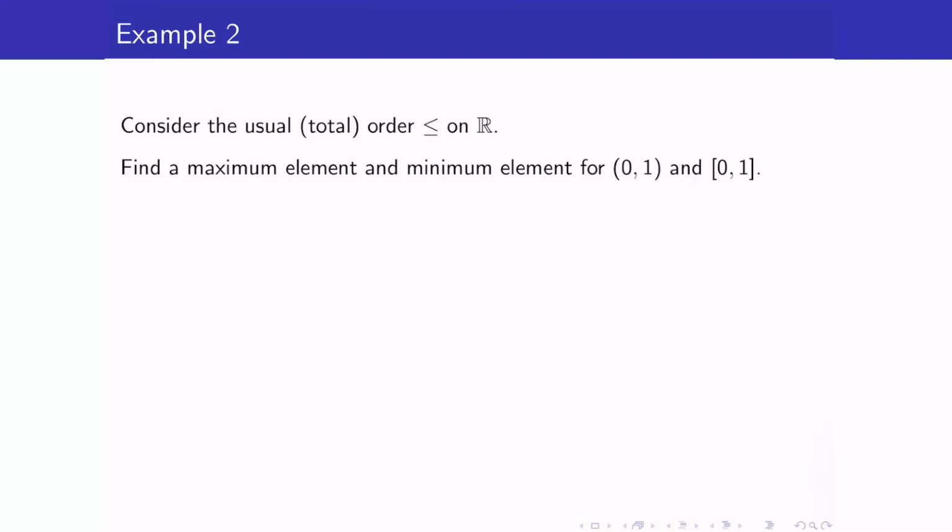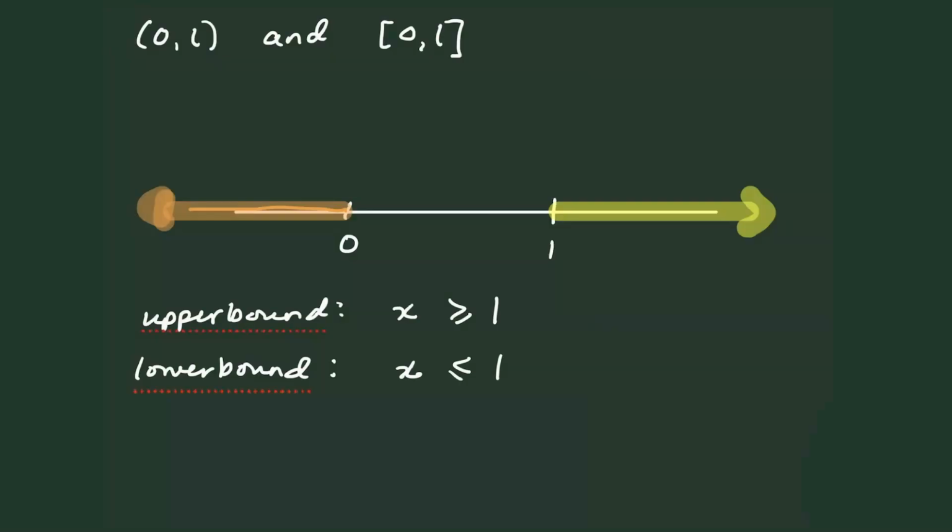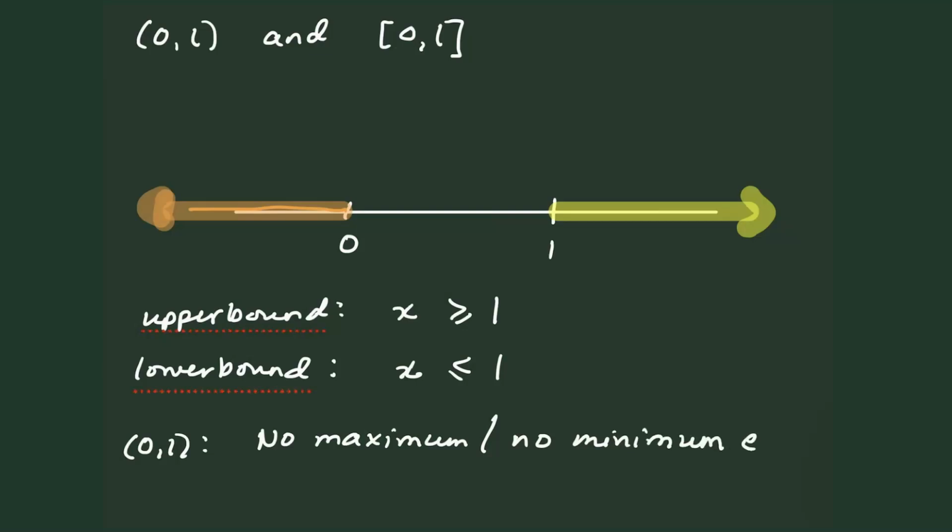How about for our total ordering on R? What would be a maximum element and minimum element for these two intervals? Now, if we look at the open interval 0, 1, does it have an upper bound which is inside this set? None, right? So this one has no maximum element, and it has also no minimum element, correct?